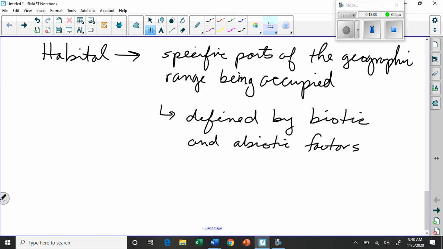Abiotic factors would be things like, what's the relative humidity? What are the characteristics of the soil? Is it rocky or sandy? Those are not living factors. And so if we think about a swamp, that's a good habitat because we know in our minds that a swamp has got lots of standing water.